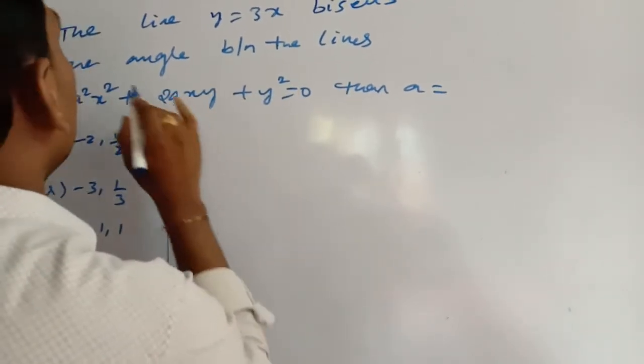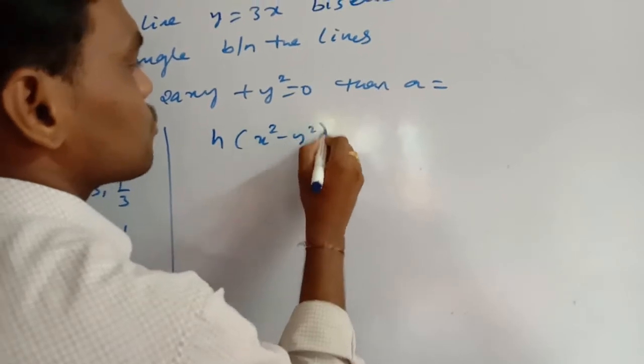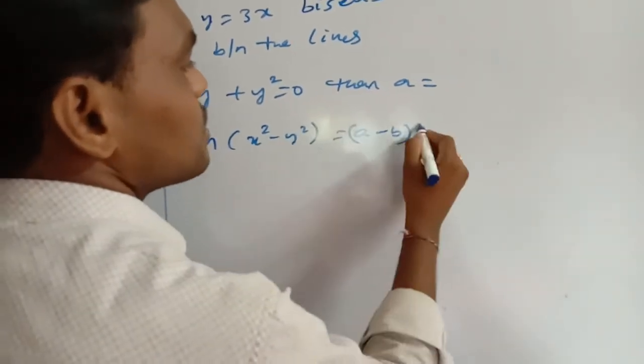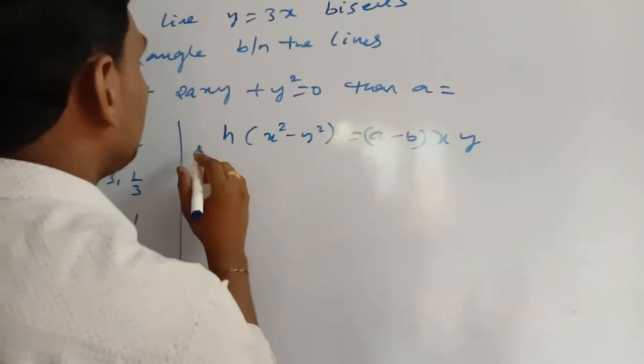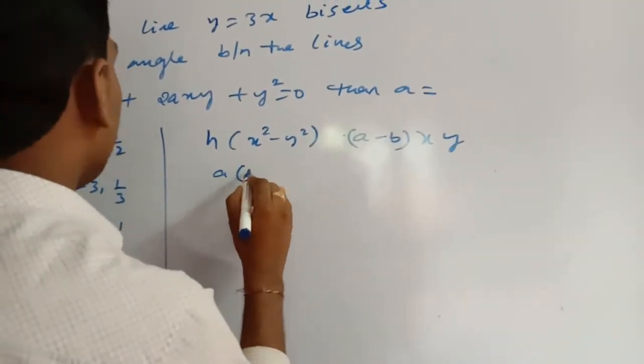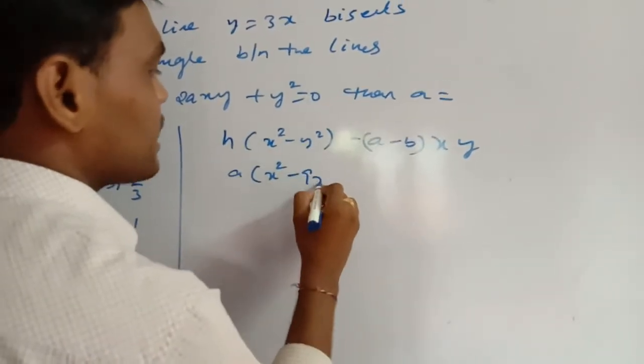Since the angle bisector is given, h into x square minus y square is equal to a minus b into xy. Here h is a, and a is a square, b is 1. So a(x square minus y square) equals (a square minus 1) into xy. With y is 3x, y square means 9x square.